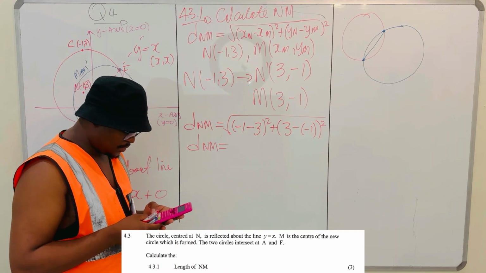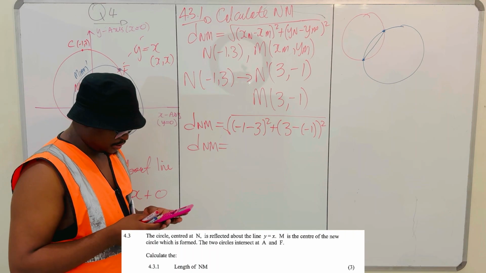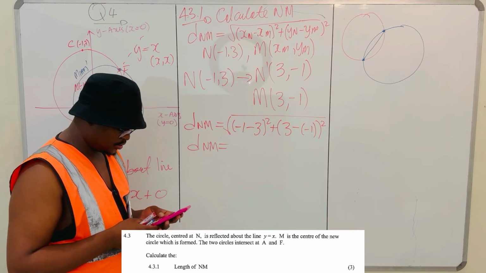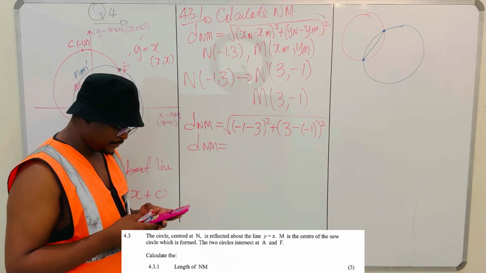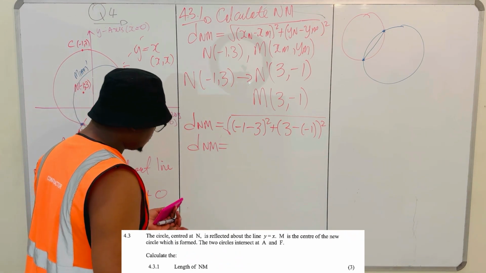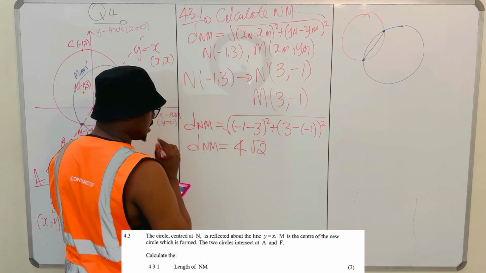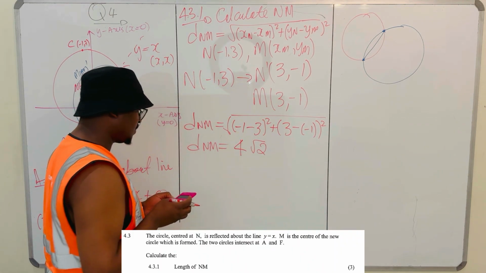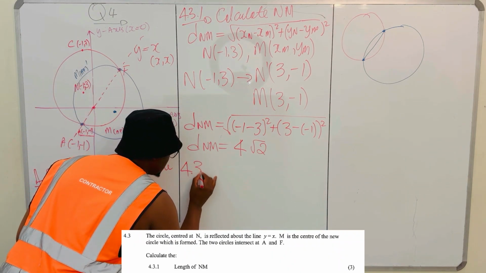It's minus 1 minus 3 all squared plus 3 minus 1 all squared. The answer that we get is equal to 4 root 2 units. No problem. Then we move to the next question, which is 4.3.2.